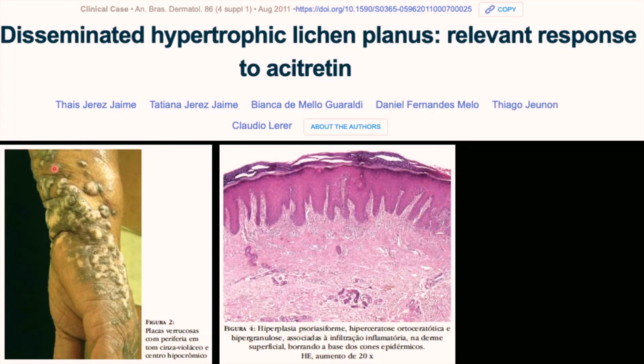Another example is the hypertrophic. As you see here, the lesion is hypertrophic, and in this lesion the epidermis looks hypertrophic, where we see hyperkeratosis and psoriasiform hyperplasia, in addition to the vacuolar changes and the other features we talked about in lichen planus.